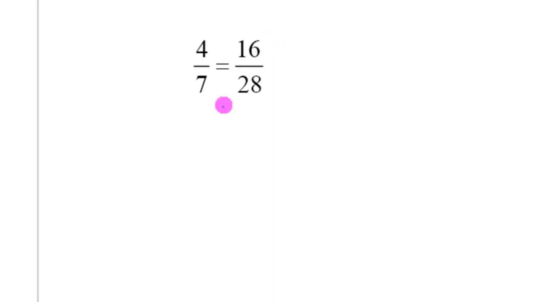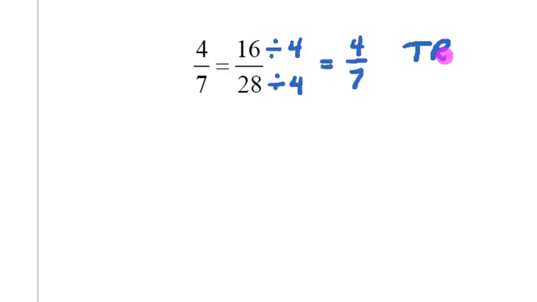And how we would simplify 16/28, as you know, is by dividing out the common 4. They both have a 4 in common. And when you divide 16 by 4 and also 28 by 4, then you get 4/7. So 4/7 definitely equals 4/7, so this is a true proportion. Now that would be called determining that a proportion is true by simplifying.